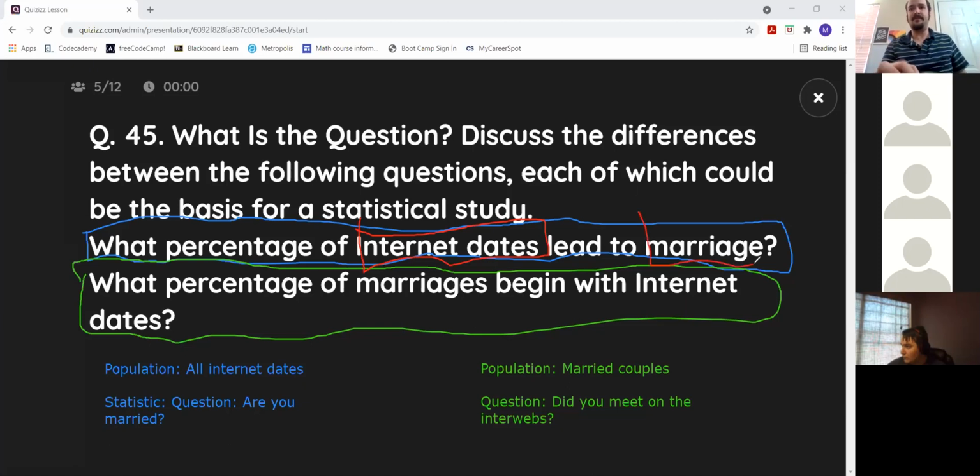This is going to give me my numerator. This many marriages out of this many total internet dates. This many internet dates out of all the marriages. Okay, I get it.